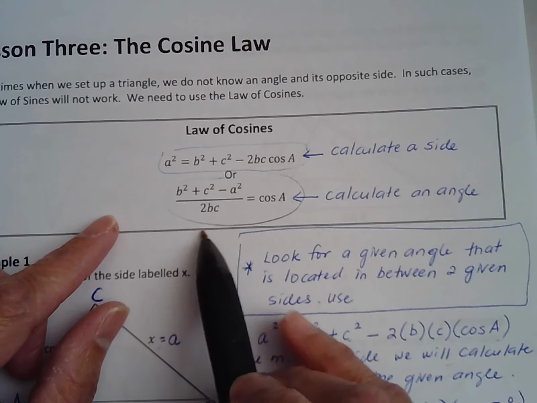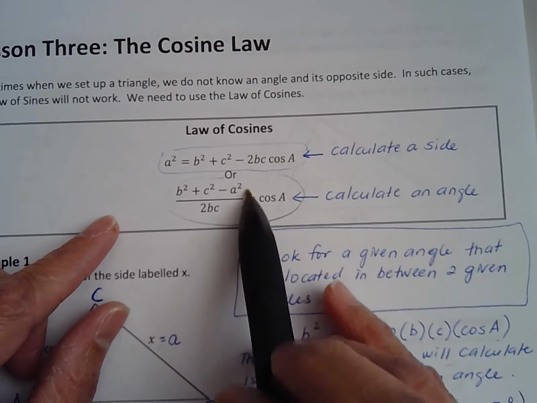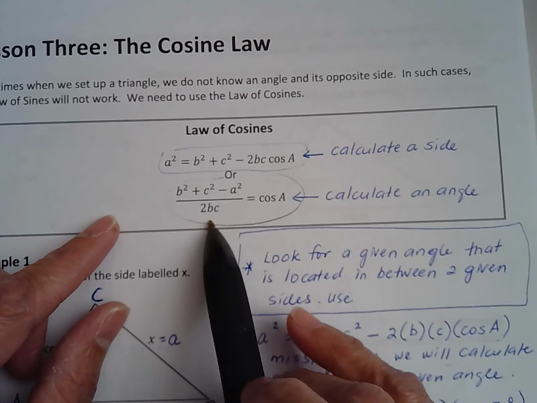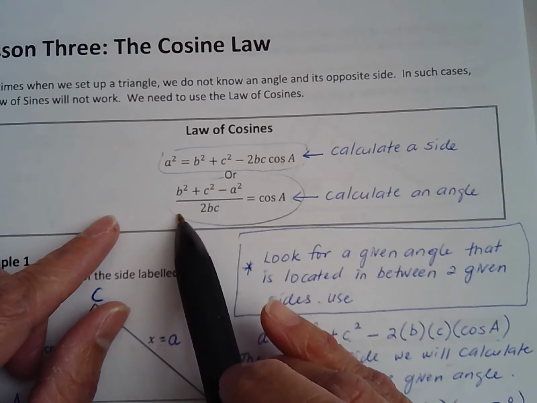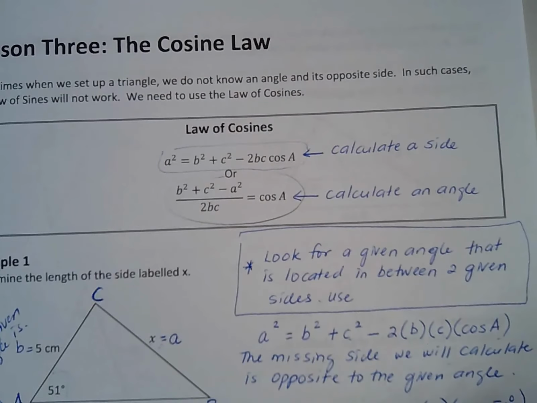They're all side lengths. So that means in this particular situation, all side lengths must be given to be able to use this formula. Okay, so let's take a look at the example here.